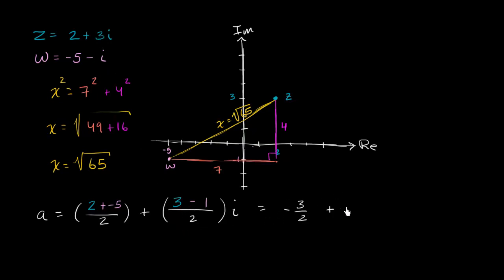So negative 3 halves plus i is the midpoint between those two. And if we plot it, we can verify that that actually makes sense. Real part, negative 3 halves, so that's negative 1 and a half. So it'll be right over there. And then plus i, so it's going to be right over there. Obviously I didn't draw it perfectly to scale, but this makes sense that this right over here would be the midpoint.